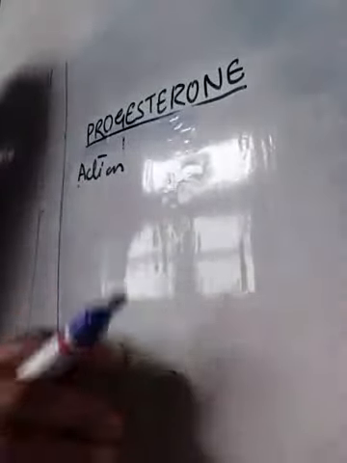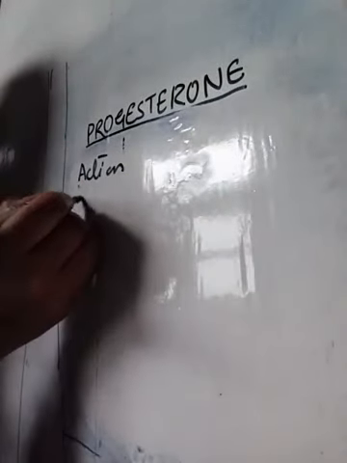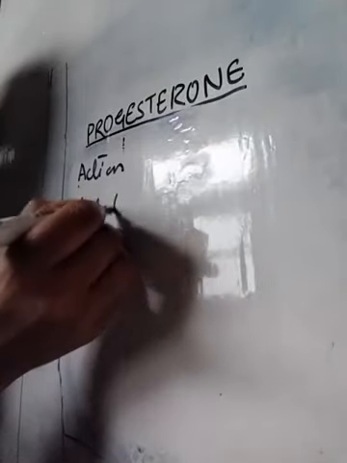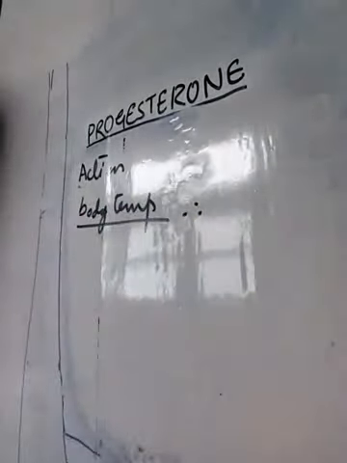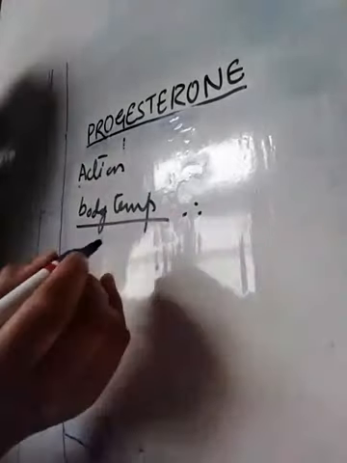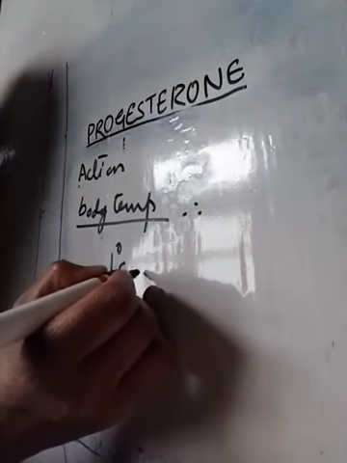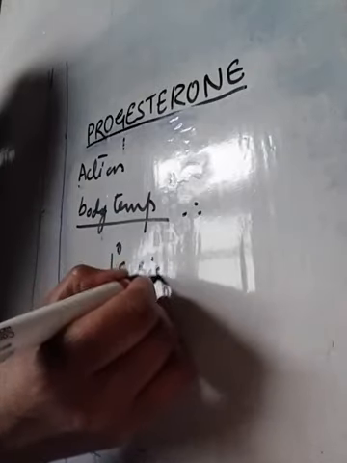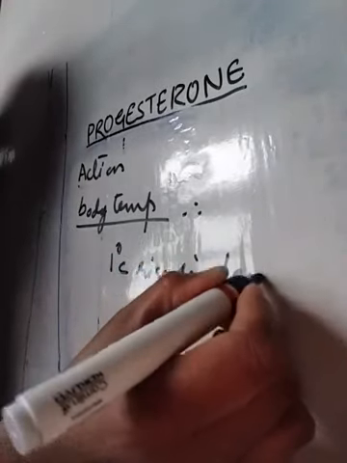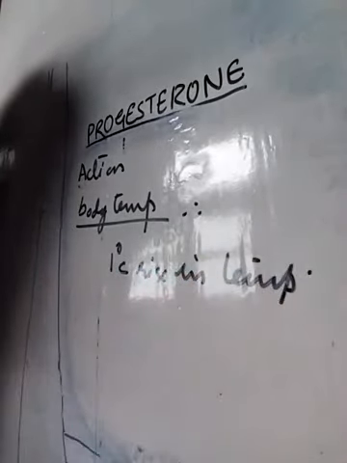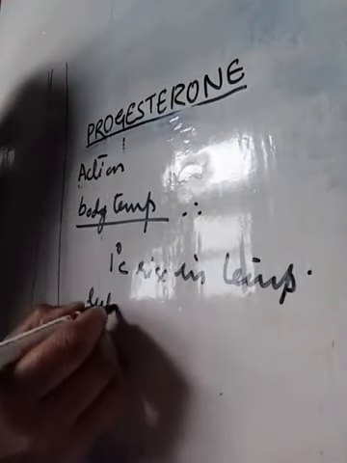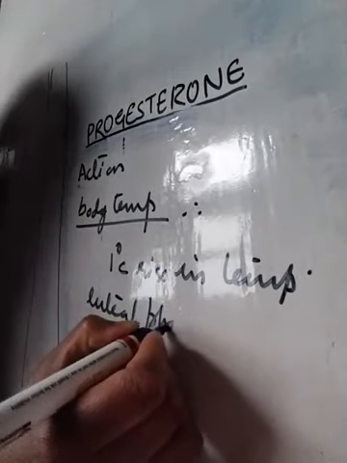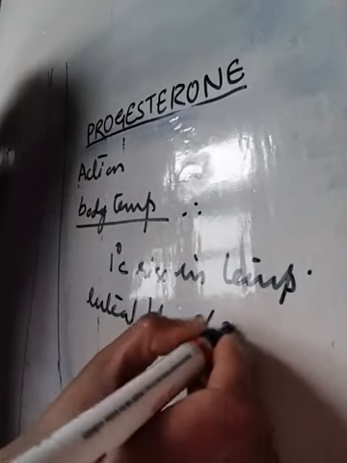Next, its effect on body temperature. It has been observed that there is a 1 degree rise in temperature during the luteal phase of the menstrual cycle.